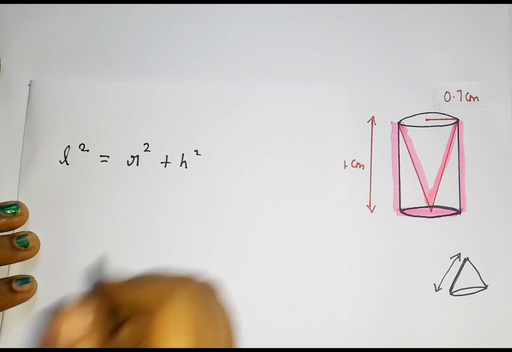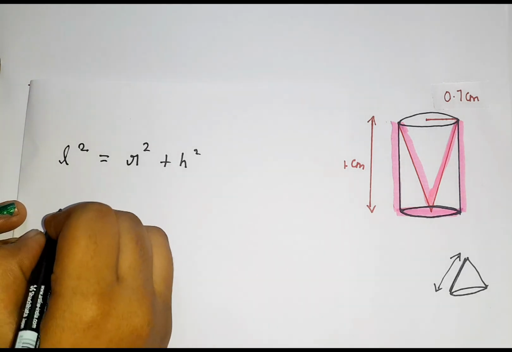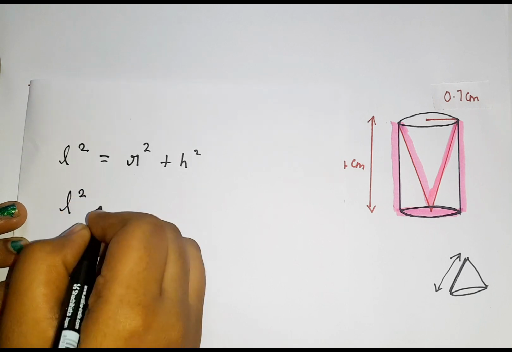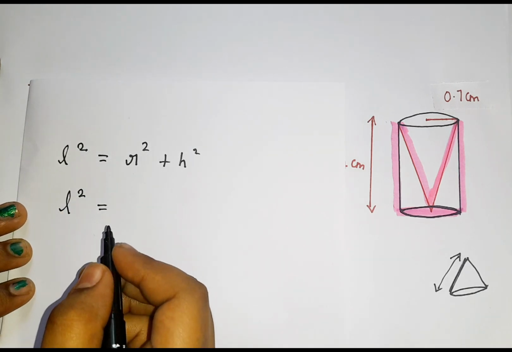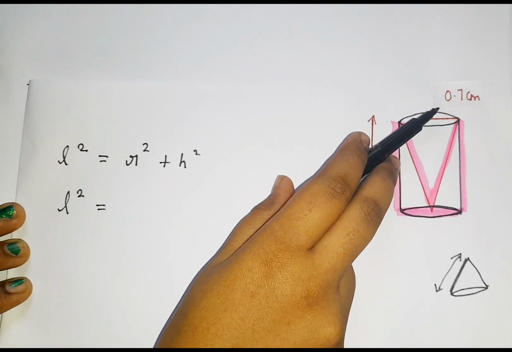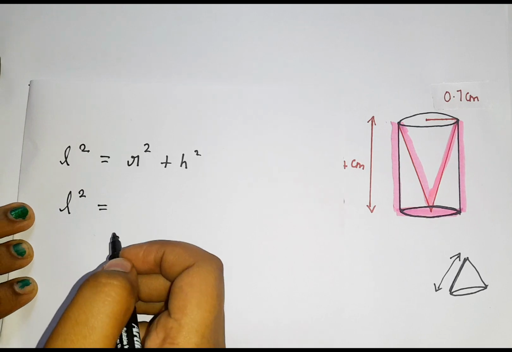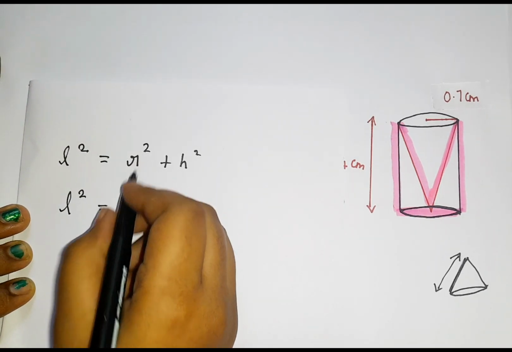We know the radius, we know the h as well, so we can actually find L. Let us write L square as it is, because we don't know the slant height of the cone. They didn't mention it in the question. So what is the radius? The radius is 0.7. So let us write 0.7, and here we have square.